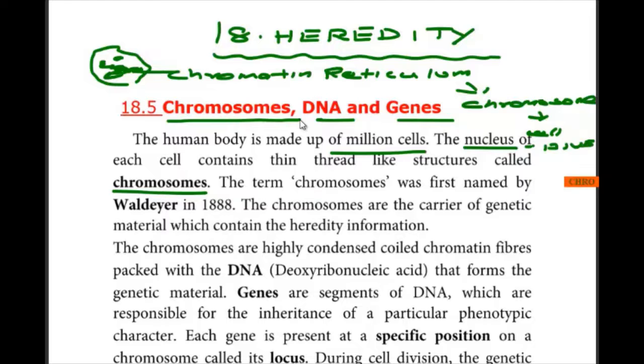During cell division only, nearly in metaphase, we can see the structure of chromosome. The name chromosome was given by Waldeyer in 1888.